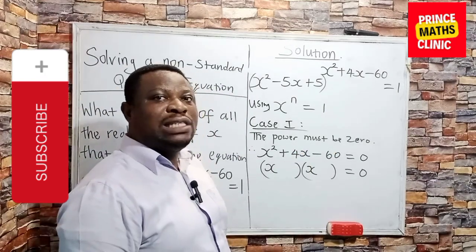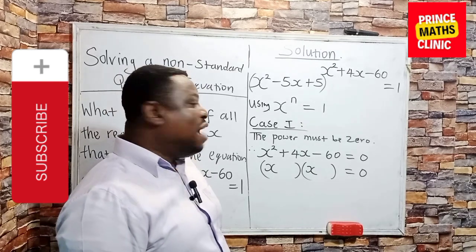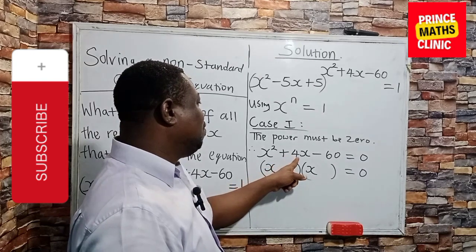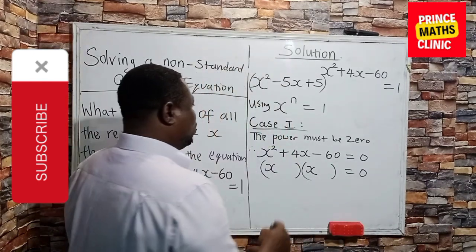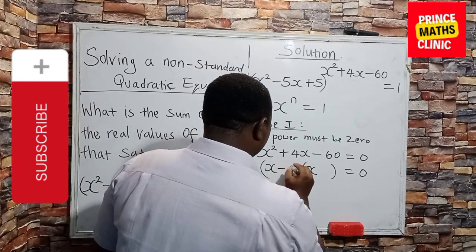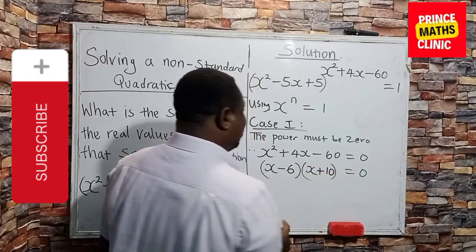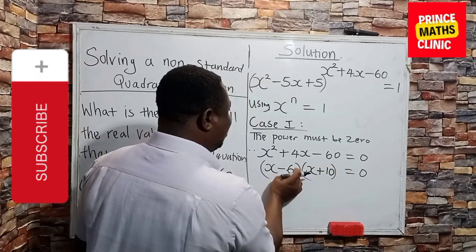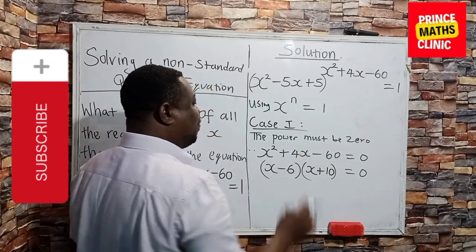What are the two numbers I will multiply that will give us negative 60, that if I add them, I will get positive 4? The numbers are 6 and 10. Because this is positive 4, I'm going to give the negative to 6 and positive to the bigger number, such that if I say plus 10 and minus 6, I'll get minus 60. And if I say 10 minus 6, I get 4.